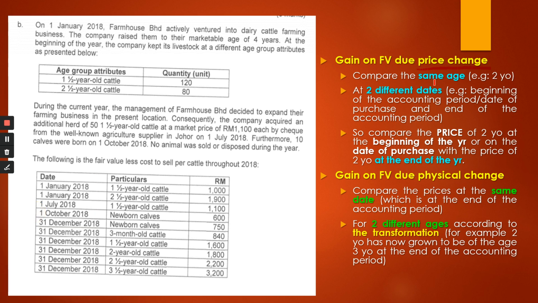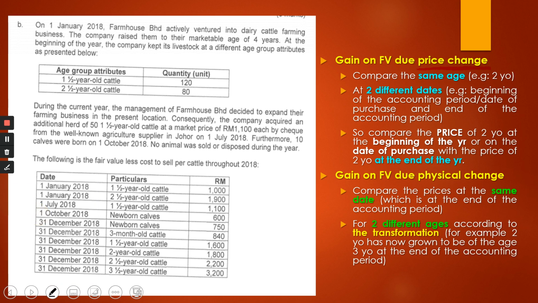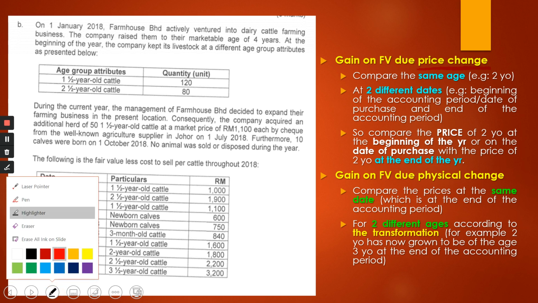So due to price changes here, it means that you are going to compare the same age, but you are going to compare those same or similar characteristics at a different date.